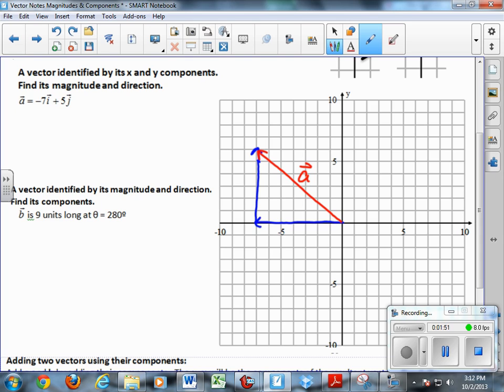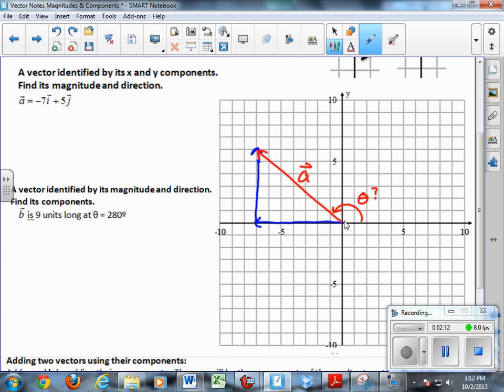Now, could I name the magnitude and the direction of this vector? So in other words, how long A is, and what is this angle right here? So using our formulas, let's do that. Basically, this is right triangle trigonometry, so it's not hard to remember these formulas if you know your triangle trigonometry.